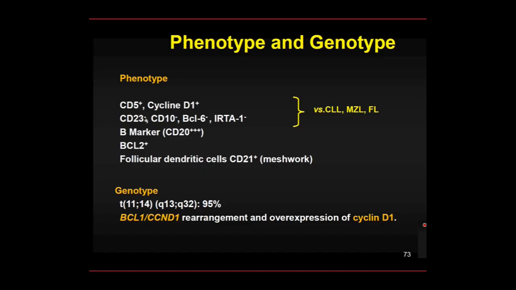Where's the difference? In CD23. Here it is negative, in CLL we'll see it's positive. So those markers are really interesting for us for the differential diagnosis. On the other hand, follicular lymphoma would present CD10 and BCL6, and marginal zone lymphoma would present IRTA1.